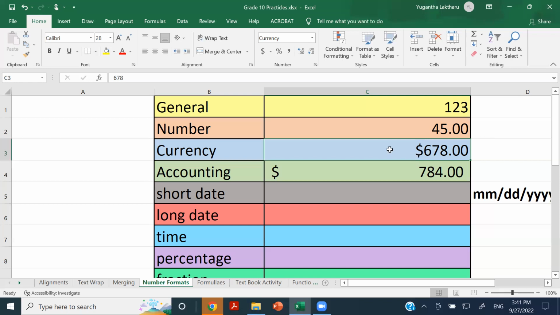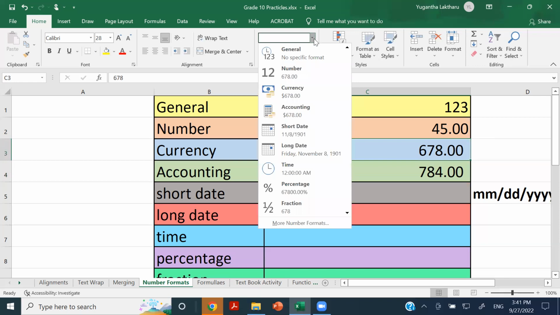In case you want to choose a currency symbol like rupiah, we use Ru. From here, if you change this particular figure into another symbol, if you choose any of these, it will automatically convert the cell formatting into the accounting number format.